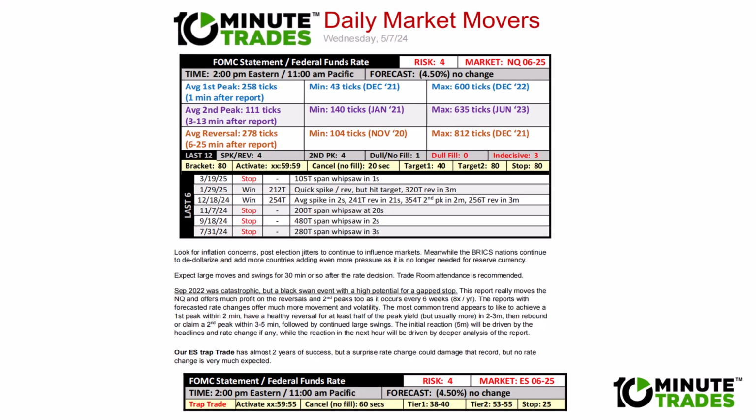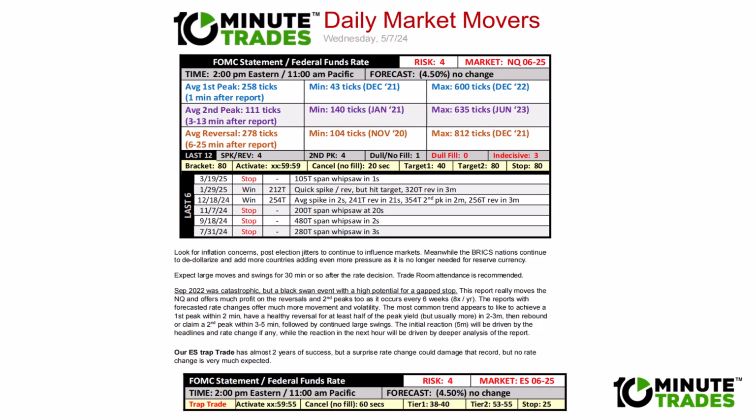So we're a little bit different than many of the other trading companies. We're not looking so much at Elliott waves or Fibonacci retracements. While you can use them to trade with us, they're not required, because we're looking more at, well, if we're going to trade the FOMC statement, how did the market react the last 6 times there was an FOMC statement?